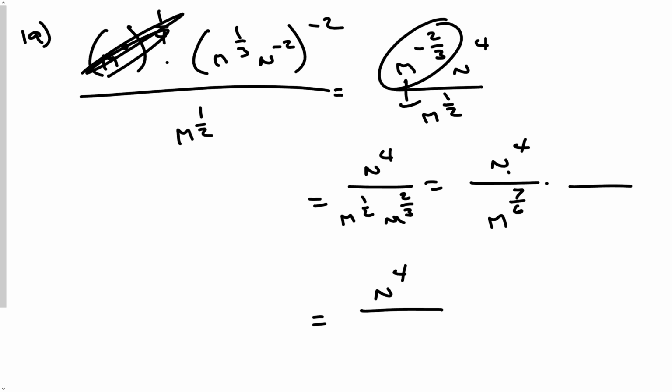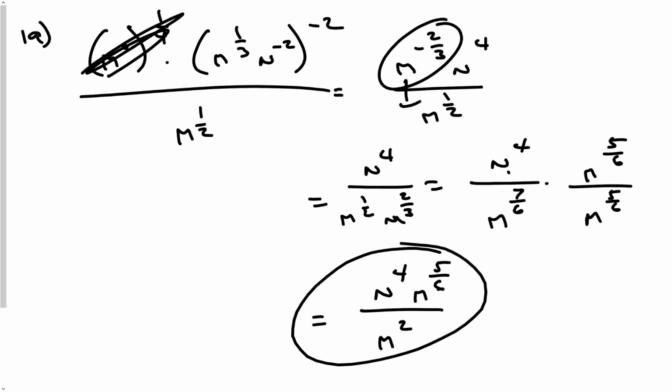Okay, so I need another 5 over 6, because that would make 12 over 6, which is m squared. There's nothing with the m to multiply with, so we just leave the 5/6 on the top. And now it is both simplified and rationalized.